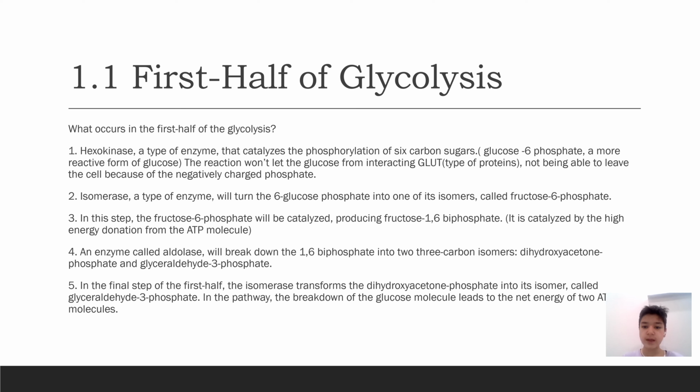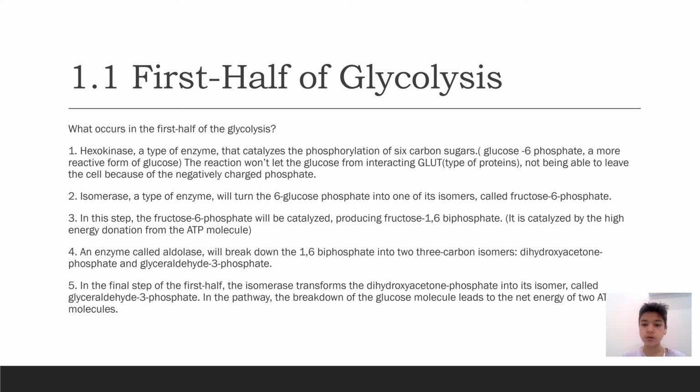Okay, so the main question is, what occurs in the first half of glycolysis? Number one, the first step: hexokinase, a type of enzyme, catalyzes the phosphorylation of 6 carbon sugars. 6 carbon sugars are sugars with six carbons bonded together.